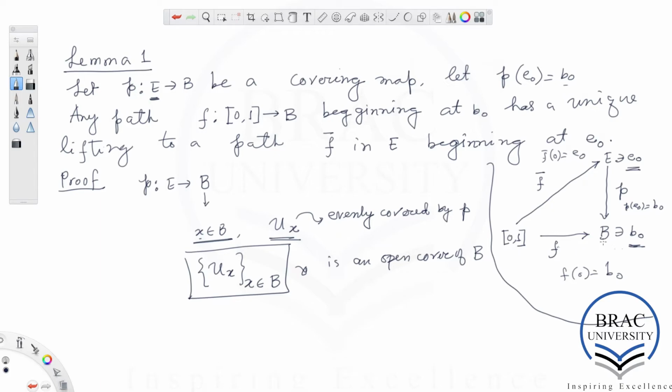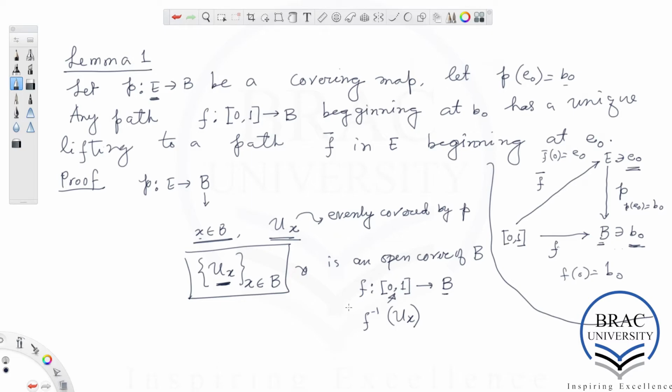All right. Now observe that F is a continuous map. F is a path in B that starts at the point B0. That means that F is a continuous map from the topological space 0, 1 to the topological space B. Since each of these U sub X's is open in B, the pre-image of U sub X is going to be open here in 0, 1.